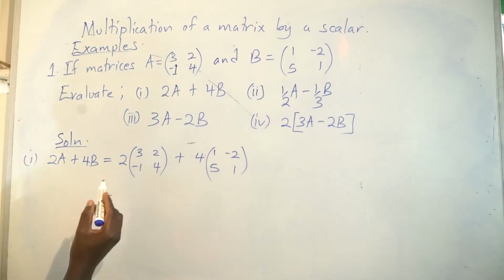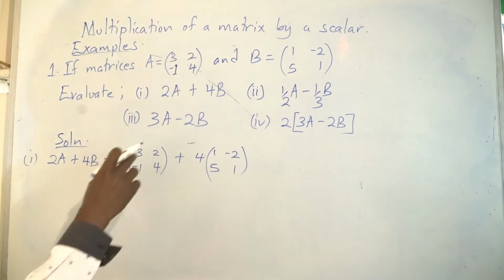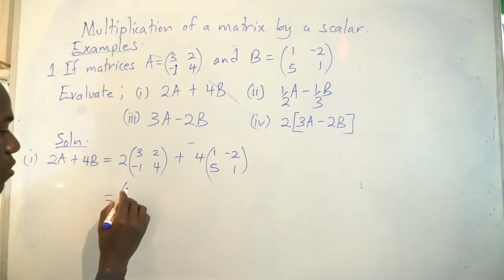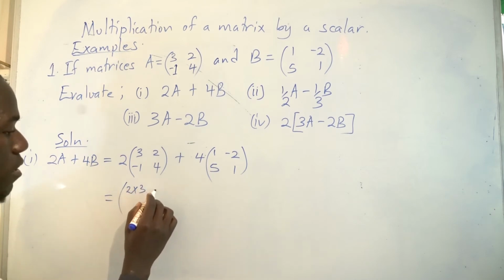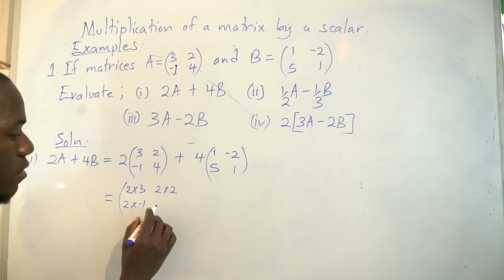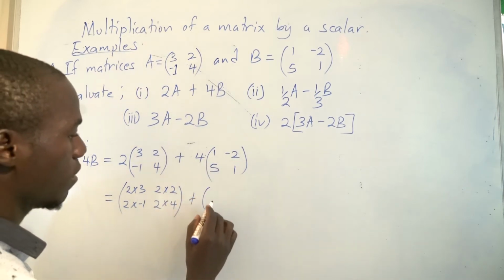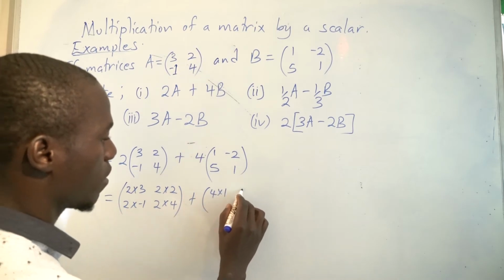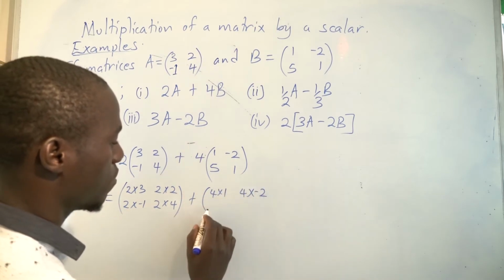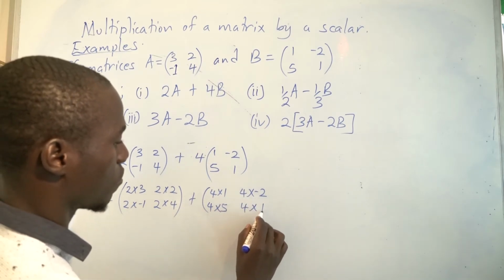So I'm going to multiply the scalar by every element within the matrix. So the 2 times the 3, the 2 times the 2, the 2 times the negative 1, then the 2 times 4. The same thing I'm going to do here: 4 times 1, then 4 times negative 2, then 4 times 5, then 4 times 1.